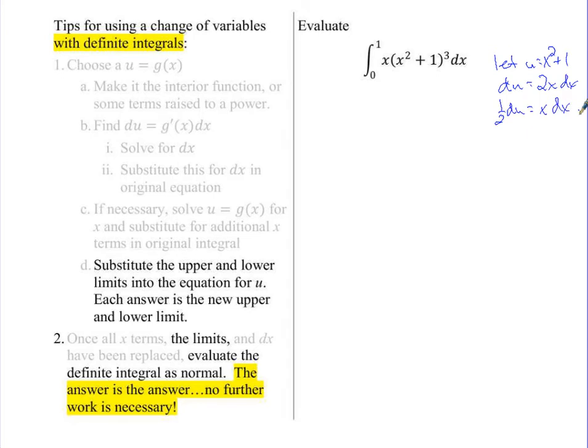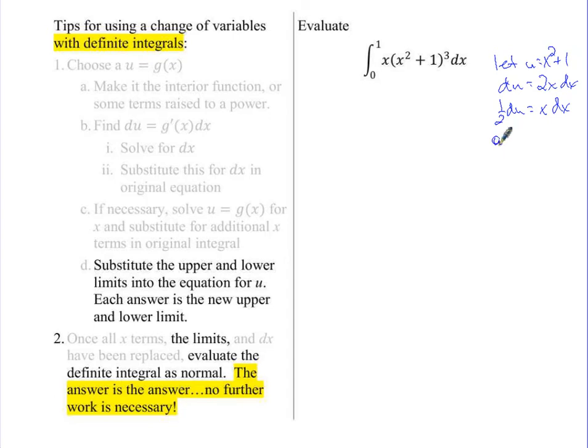Now if I think about it, I have the x squared plus 1 defined as u. x dx turns into 1/2 du. So I have all of the x's switched over to u's. Now I want to find my new upper and lower limits. So for the upper limit, technically this would be g of x, so I'll evaluate at 1 first.